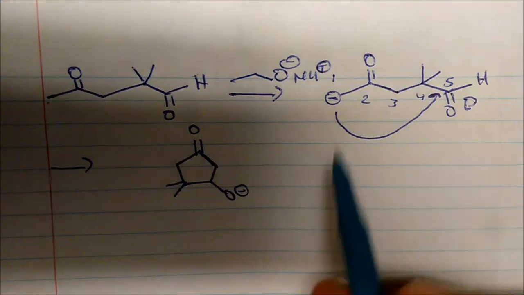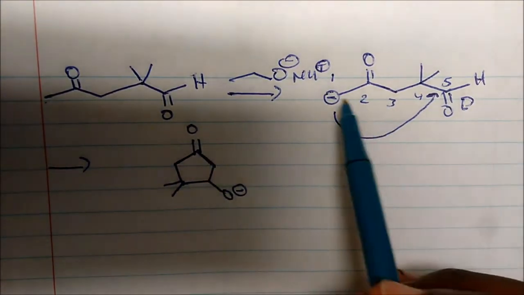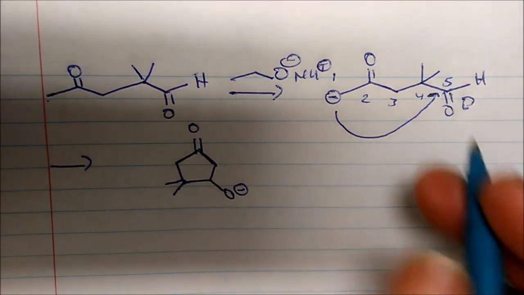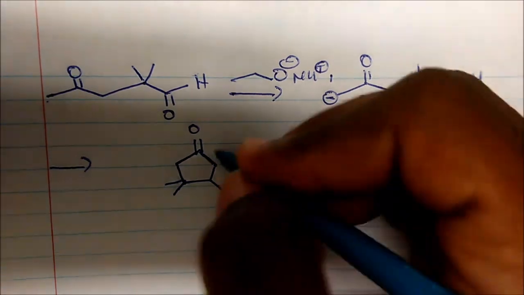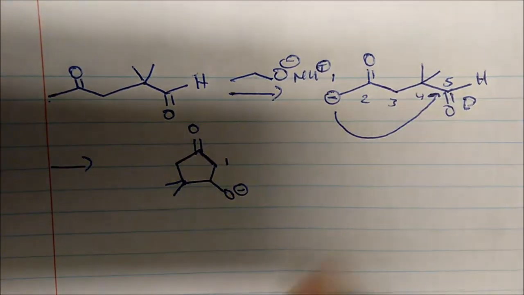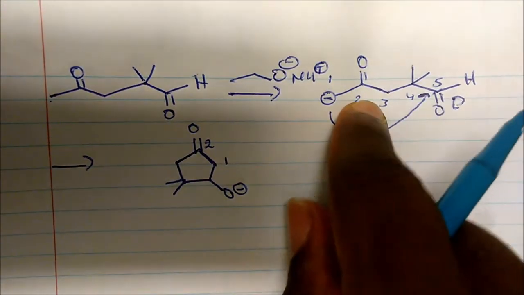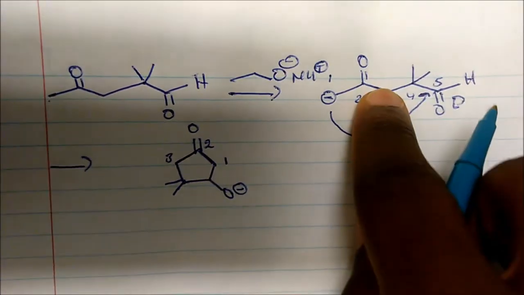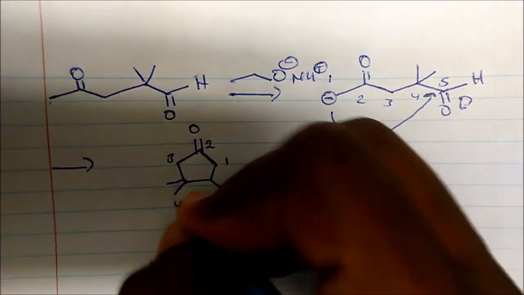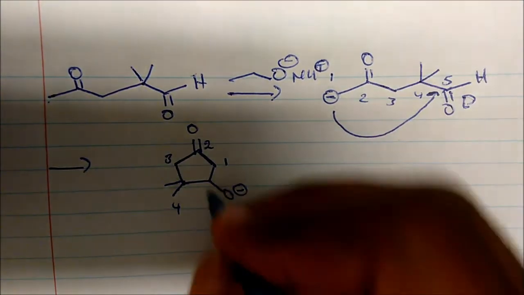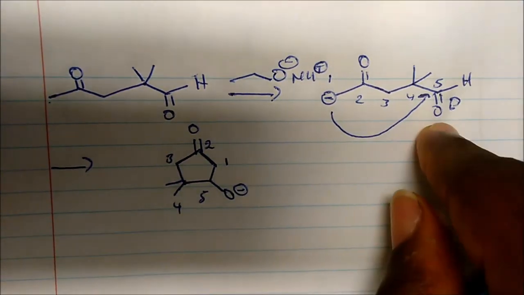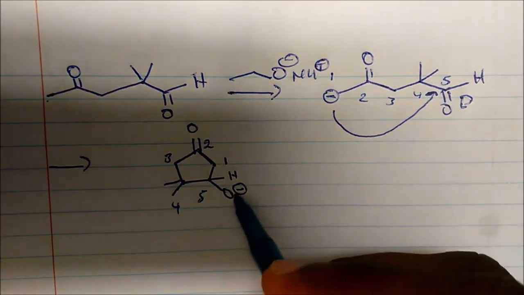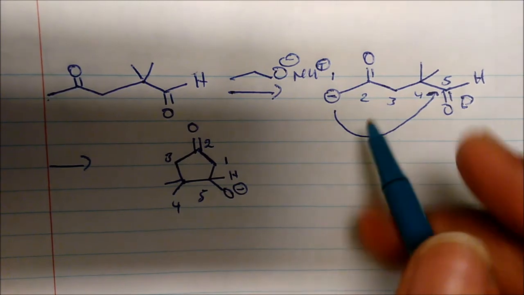Okay, and the idea is that you could come up with these structures real quick if you label your carbons meticulously. And so let's see if this makes sense. This is carbon 1. This is carbon 2 that has our ketone. This is 3, which is right here. This is 4, which has these 2 methyl groups here. And this is 5 that has the hydrogen. Remember, there's one hydrogen, which is here, and we also have this negatively charged oxygen, which we just formed.